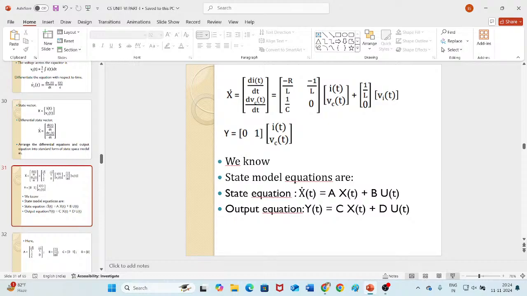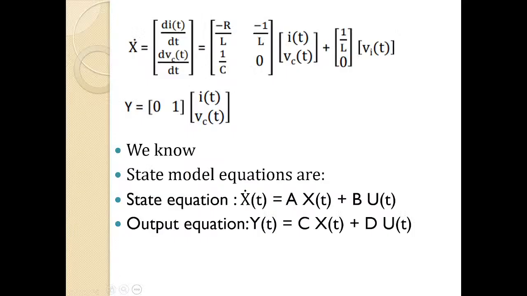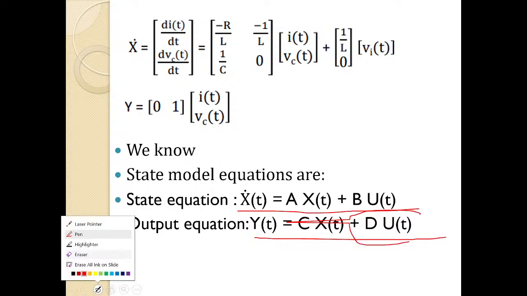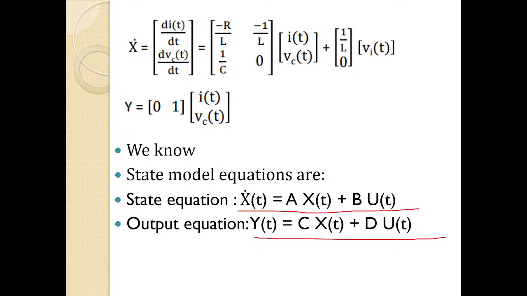We already know this is our state equation. This is the output equation. For the given circuit, y of t won't have any input term, so this is 0.